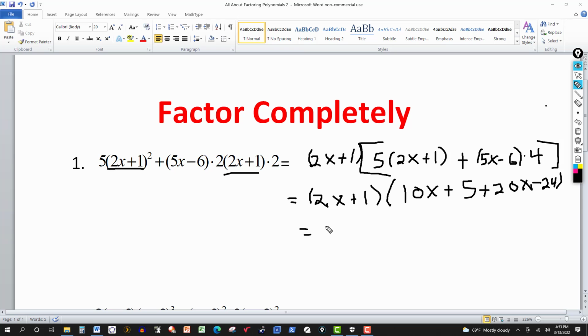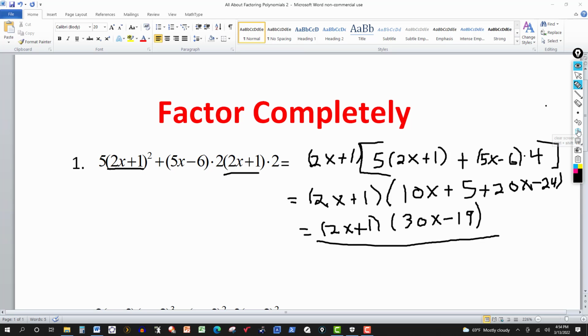And then it's just a matter of combining terms. We have a 10x and a 20x is 30x. 5 minus 24 is minus 19. And this is your factored form.